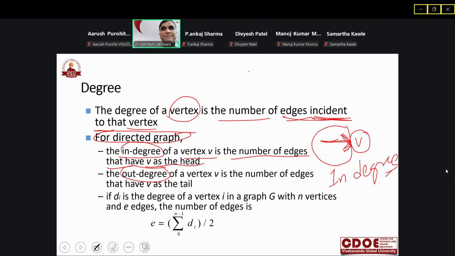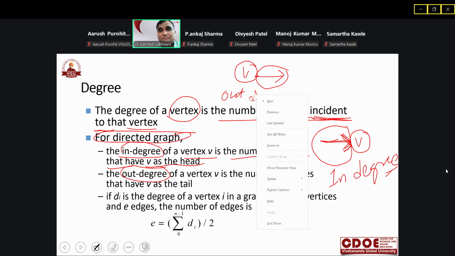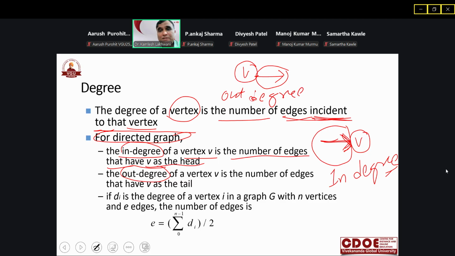For example, if there is an edge from V with the arrow direction going away, it will be counted as out degree, because the direction of the arrow is going from V to another node. So this is in degree, and this is out degree, with the direction from V to another node.